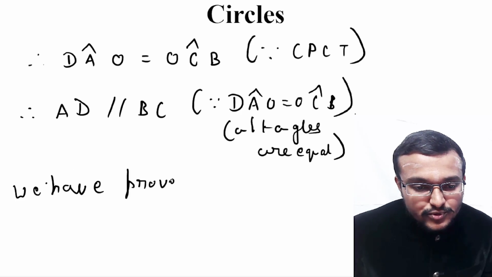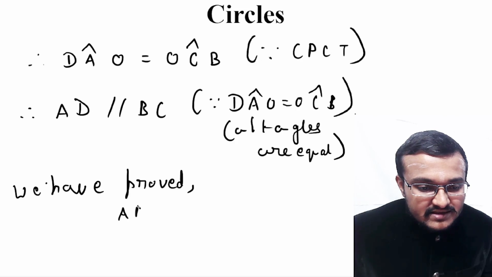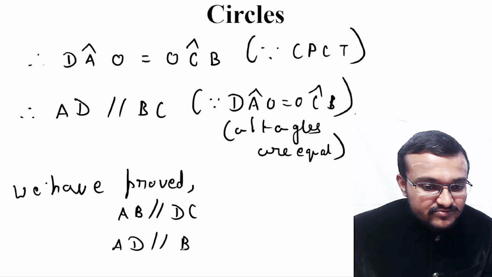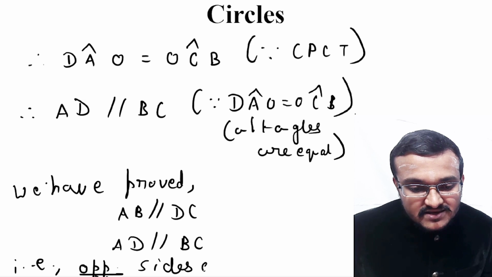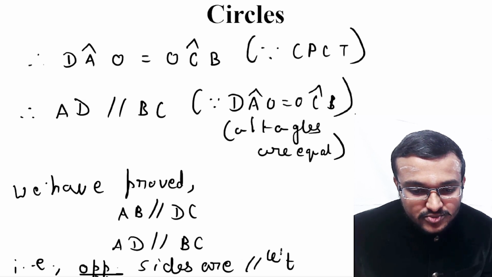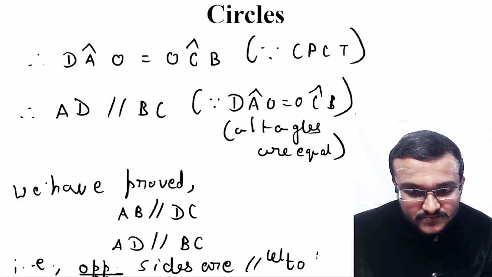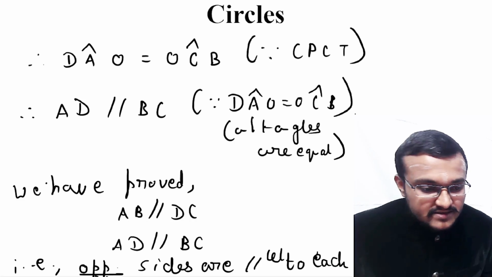We have proved AB parallel to DC and AD parallel to BC, so opposite sides are parallel to each other.